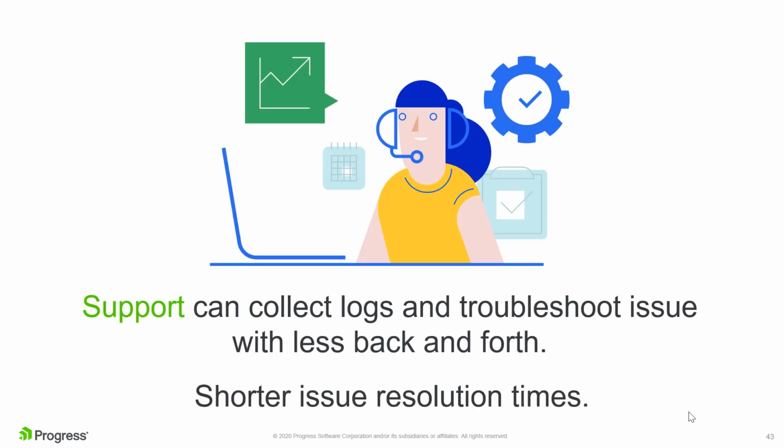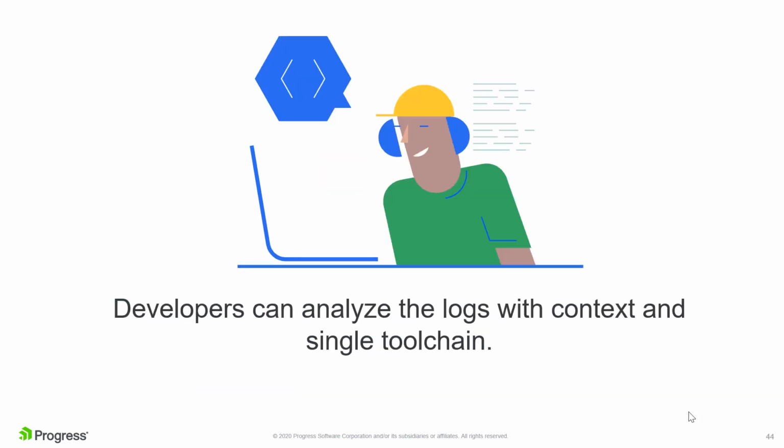For support teams, it reduces the back and forth so that they can concentrate more on troubleshooting the issue than following up with the customers, resulting in shorter issue resolution time. And finally, for developers, it can help them analyze the logs with all the context in one single place and help them adopt a single tool chain to collaborate with the support team, increasing productivity, resulting in shorter turnaround times.